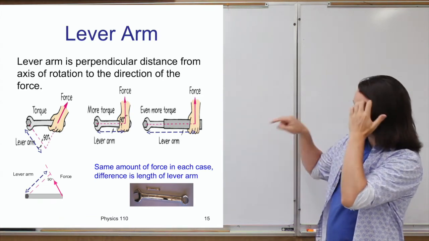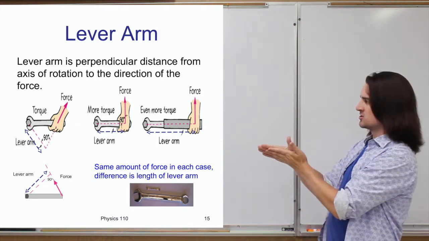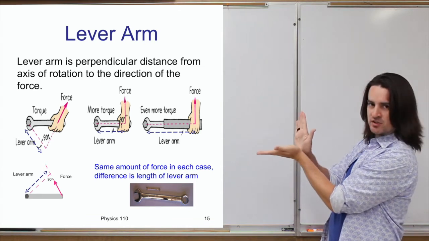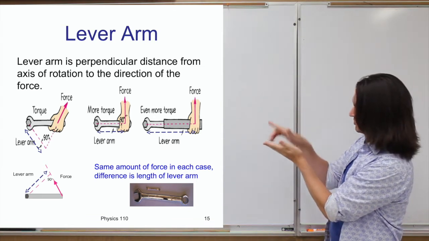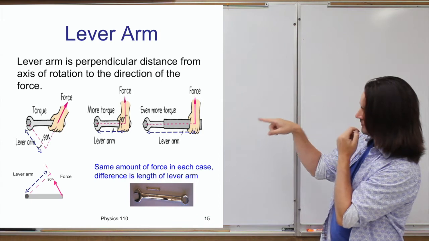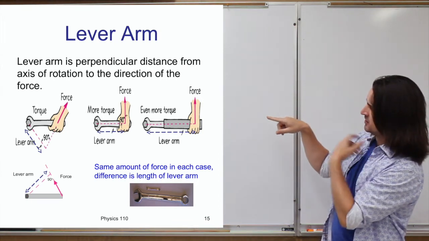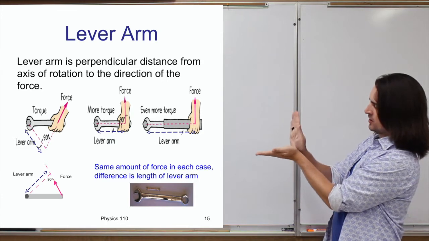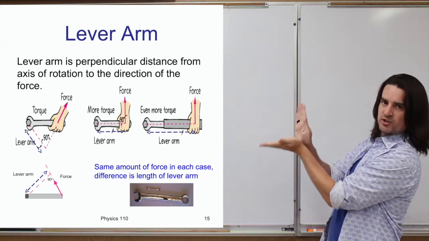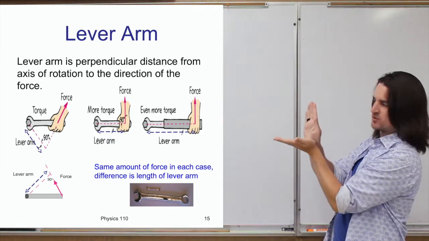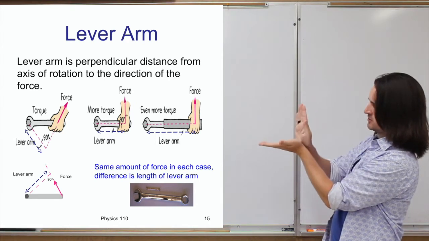Right? So if you apply a force that's essentially perpendicular, in the middle case here, we're applying forces that are strictly perpendicular to that distance from the axis of rotation, or at a 90-degree angle.